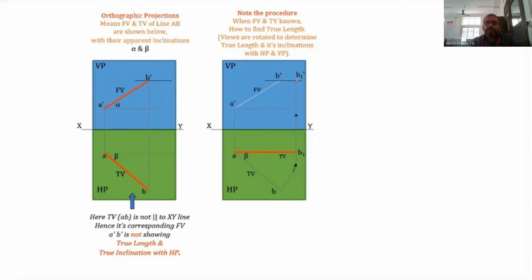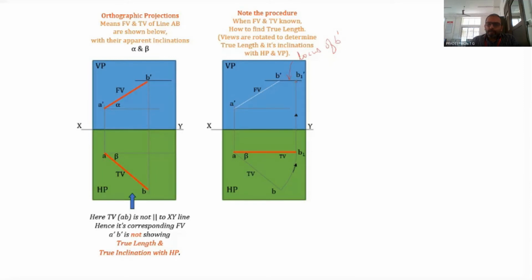This horizontal line passing through b dash is known as the locus of b dash. So when the projector from b1 intersects the locus of b dash, we obtain b1 dash.